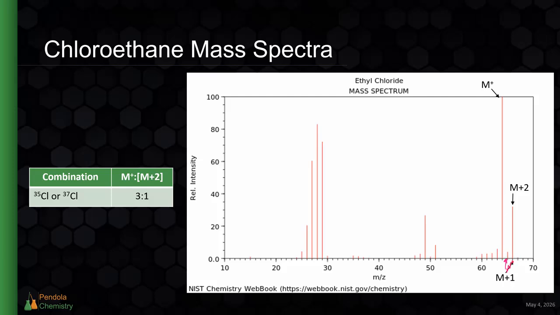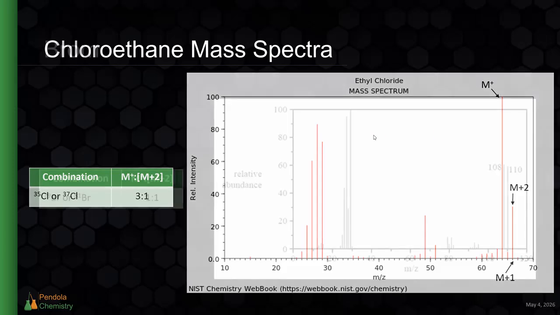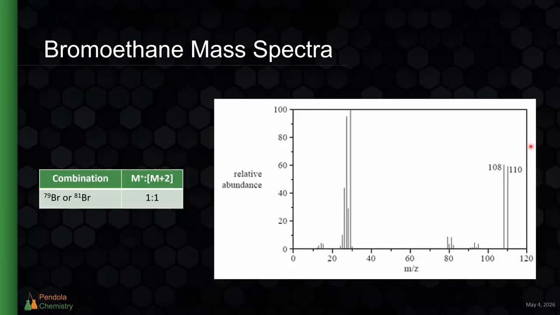So if we look at our next one, this is for bromoethane. Same molecule, 2 carbons with a bromine instead of a chlorine. But again, there are 2 different options when it comes to isotopes. There's the bromoethane with bromine-79, and there's a bromoethane with bromine-81.